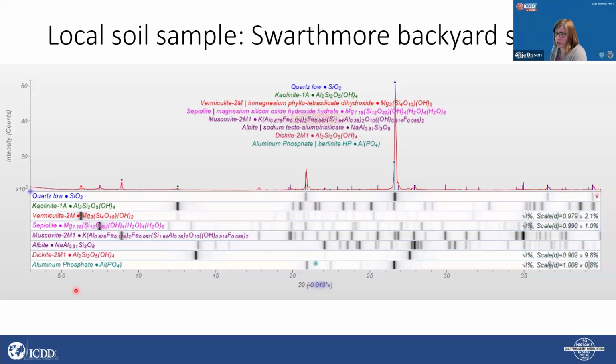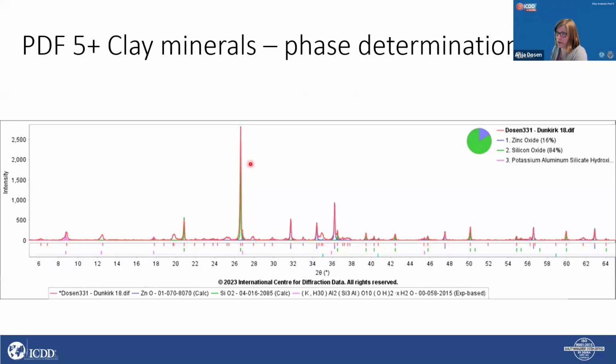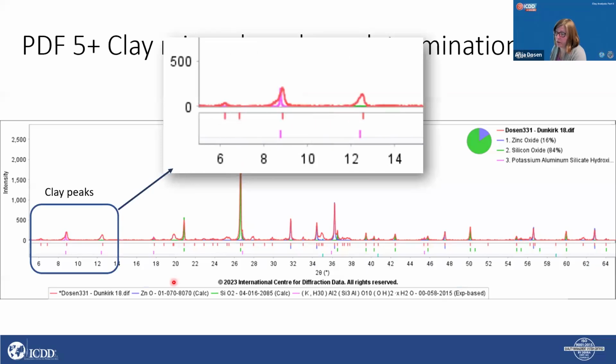When we're looking at a diffraction pattern like this that has a very tall coarse peak and some other peaks, this is a different diffraction pattern where it was a little bit more difficult to determine the clay minerals. We want to focus on this area here, up to 14 degrees 2 theta, for example. As you can see, this is a very well processed pattern.